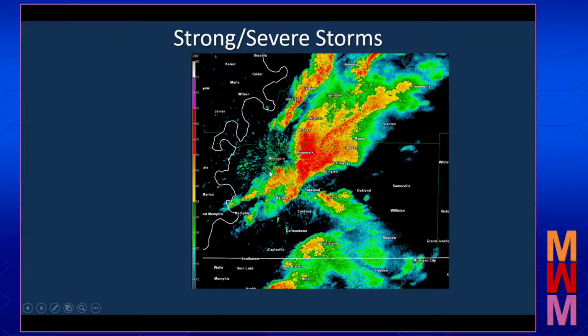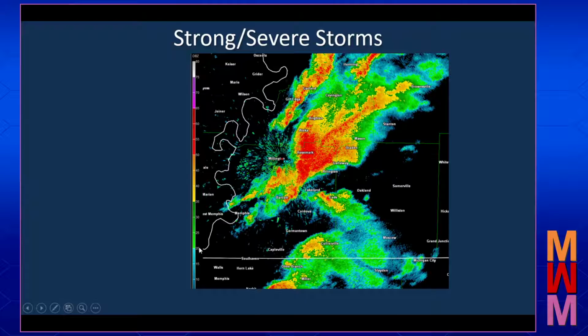Now, as a reminder, reflectivity is measured in a quantity called dBz. It's a logarithmic quantity. That probably isn't real important to you, but what is important is the color scale over here on, in this case, the left-hand side of the picture, the radar image, and that relates what dBz value represents what reflectivity value.